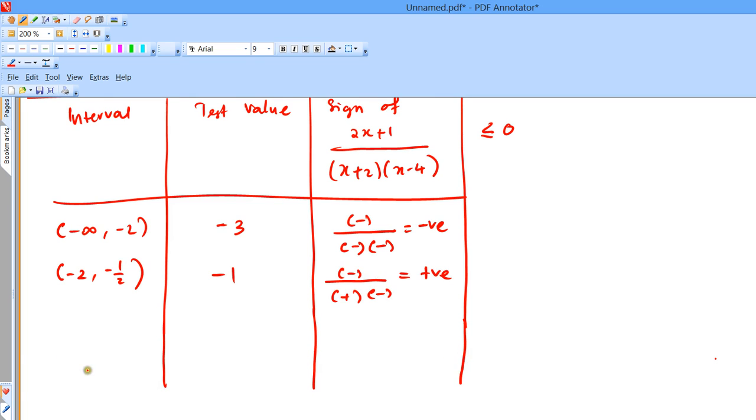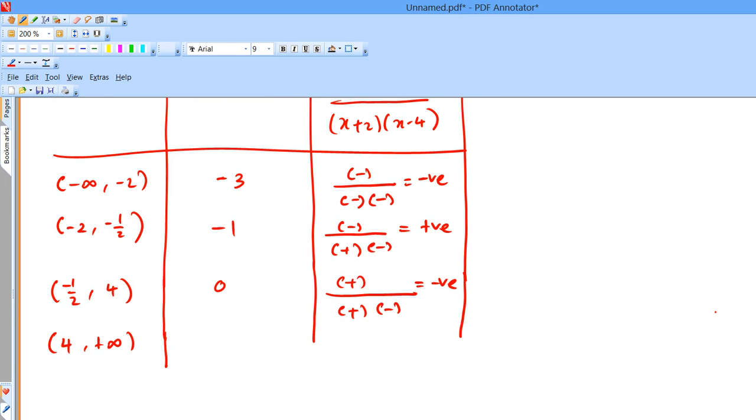The third interval from -1 over 2 to 4, you can choose x equal to 0: numerator positive, denominator negative, so a negative sign. And lastly, from 4 to positive infinity, you can choose x equal to 5.